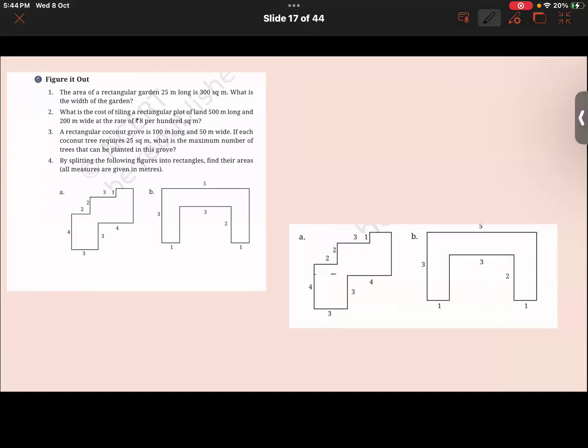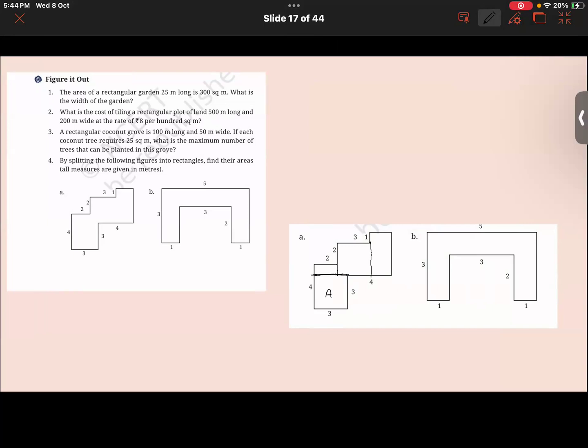See, so we are going to split this into different rectangles. So what can we do? We can split it like that, then next like this and like this, right?